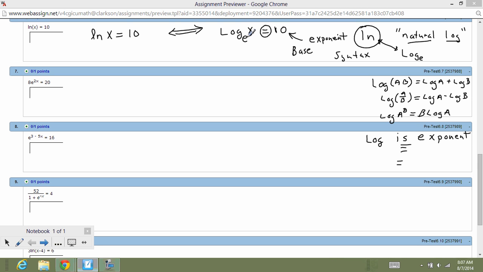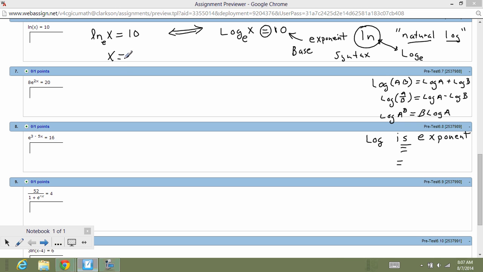Well, the base is the e. The base is Euler's constant. There's an e that's understood to be here. People don't write it. It's referred to by this syntax. Ln means log base e, and it is an exponent. So what does x equal?